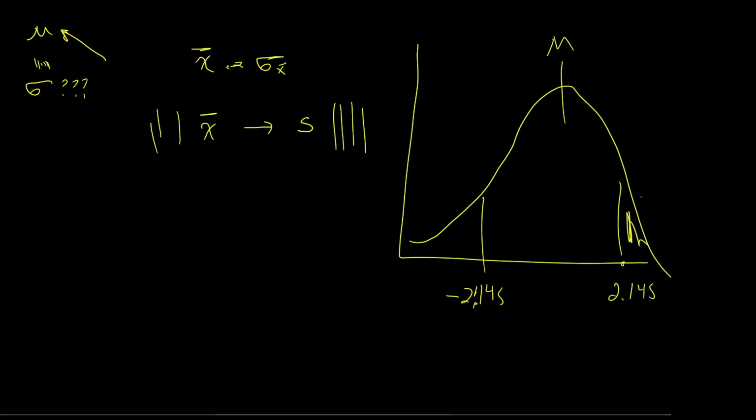And I've got 2.5% of the data here and 2.5% of the data here, 95% in the middle. So it does the same job as the Z-score, or the Z-table, did.